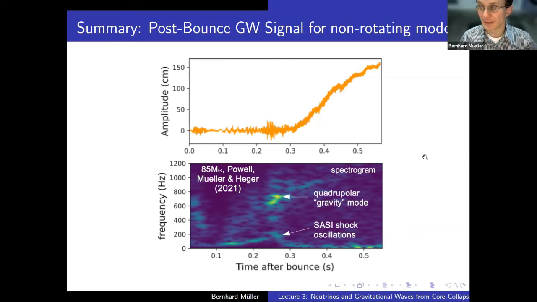But that gets different if you have rotation and a triaxial instability, because then you might see a lot if you sit along the polar axis. If you have a non-rotating supernova progenitor, or slowly rotating supernova progenitor, there's really no preference where you want to sit.